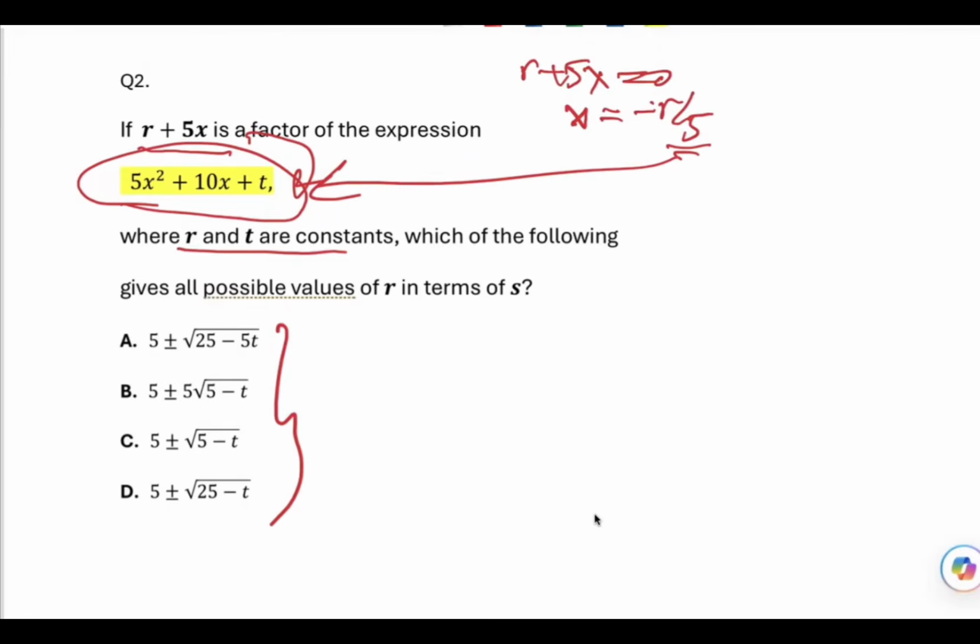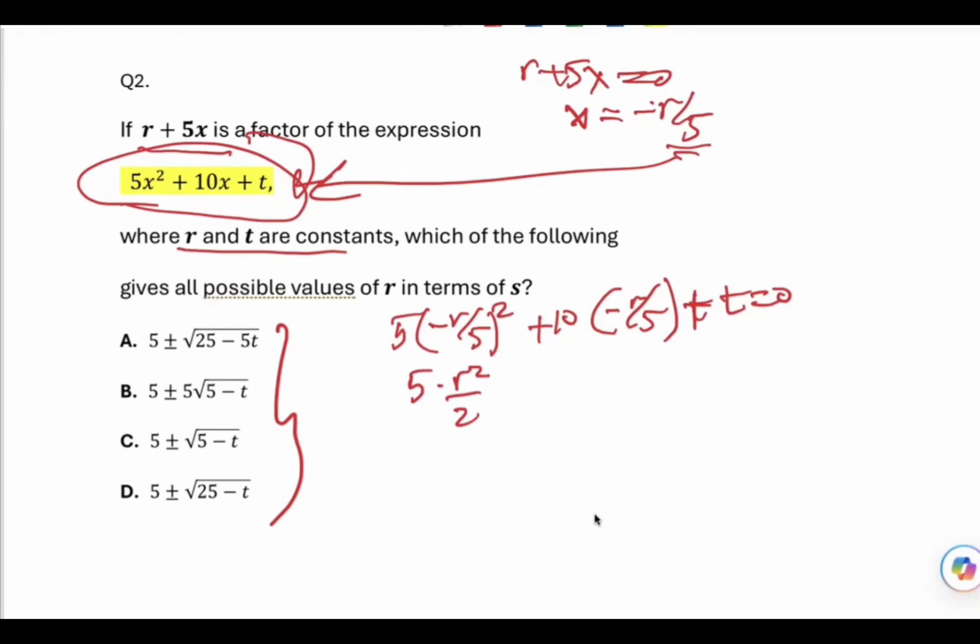Therefore, I'm going to put minus r over 5 squared, 10 times minus r over 5 plus t is equal to 0. Then you simplify. The rest is simplification. This is going to give you r squared over 5, 25, and then 2r plus t is equal to 0.